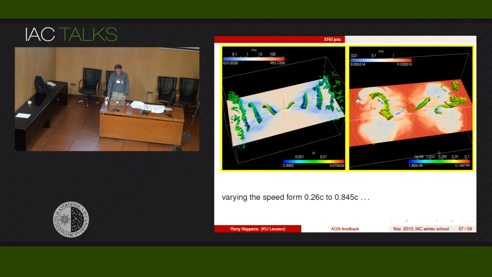Here we vary the speed, okay? The speed is well diagnosed for SS433 to be 0.26c. Here we went to higher relativistic speeds, 0.845 times the speed of light. You see a pronounced difference in this pattern, and the reason is that by changing the speed by what seems to be a modest factor, we're actually changing from overdense to underdense jet conditions.